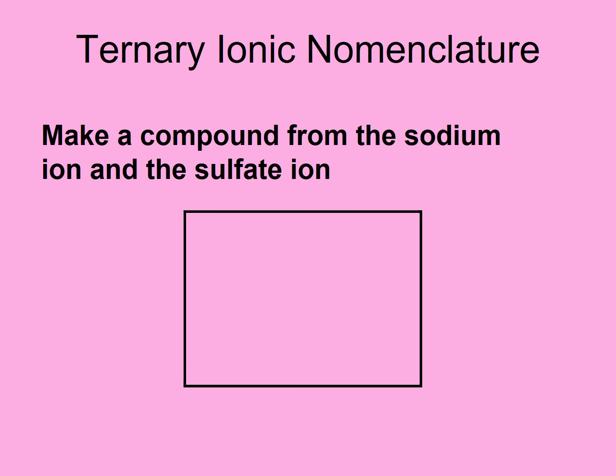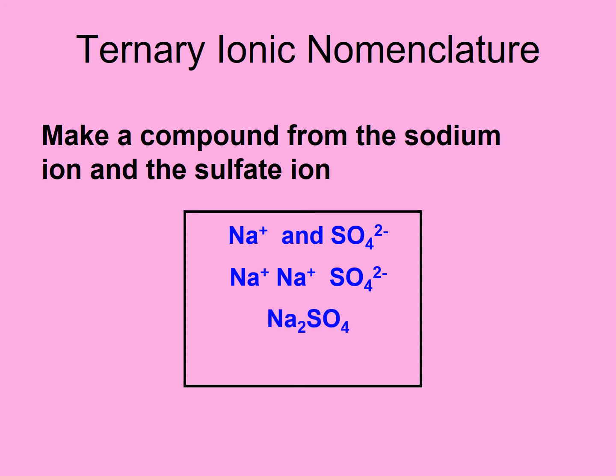But if we need more than one polyatomic ion, then we're going to need to put it in parentheses and show how many we need for the neutral ratio with a subscript, like a 2 or a 3. And don't forget that if you have a transition metal that has more than one charge, we have to use Roman numerals to indicate the charge. Roman numerals give the charge. It doesn't tell you the subscripts. Roman numerals and subscripts are not the same thing.